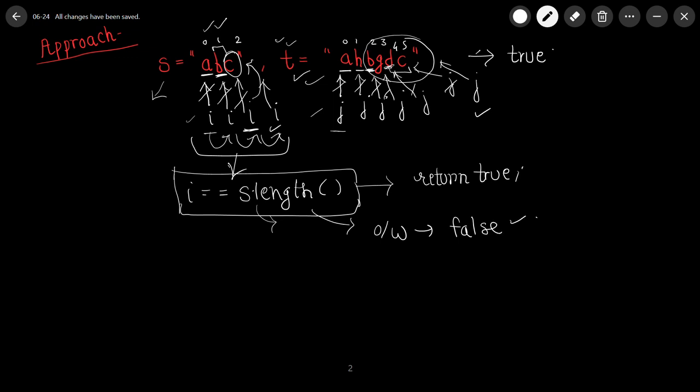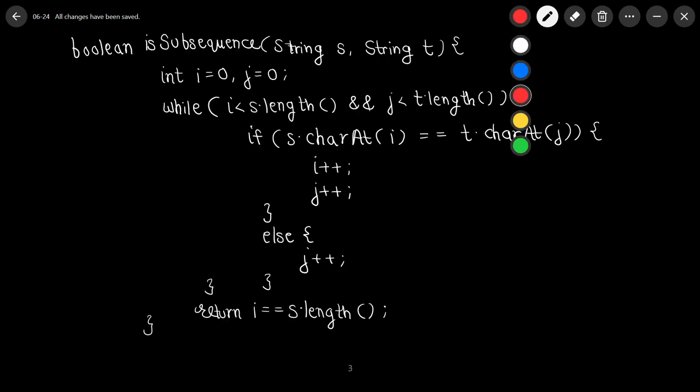So I hope the question and the approach both are clear. Let me write the code as well so I can explain it more clearly to you. I've written the code of the subsequence function. Here we have two strings, s and t.